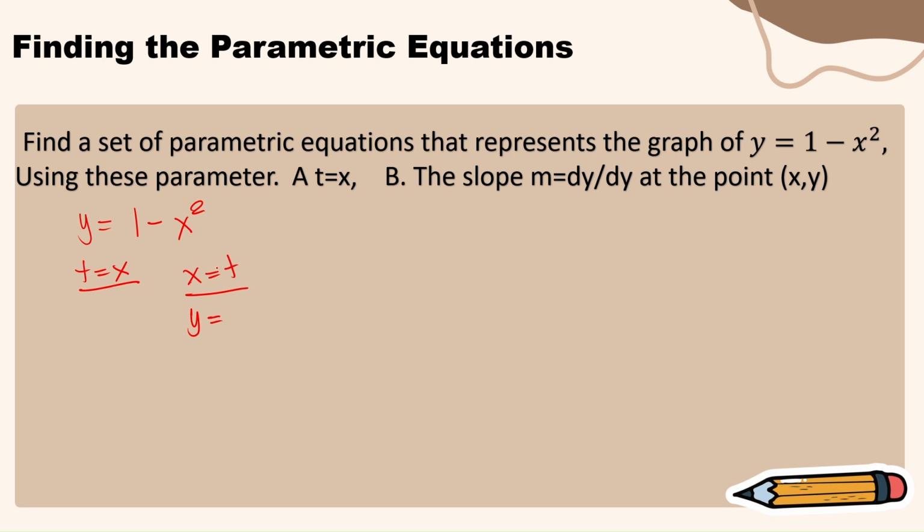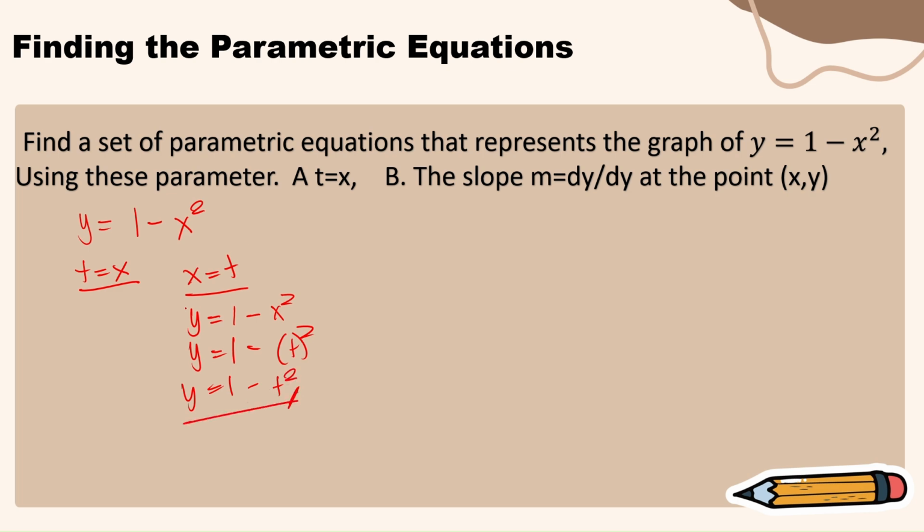So pabaliktad lang natin kukunin. Since we know that x is equal to t, just substitute or replace x with t. So y equals 1 minus x squared will become y is equal to 1 minus t squared.